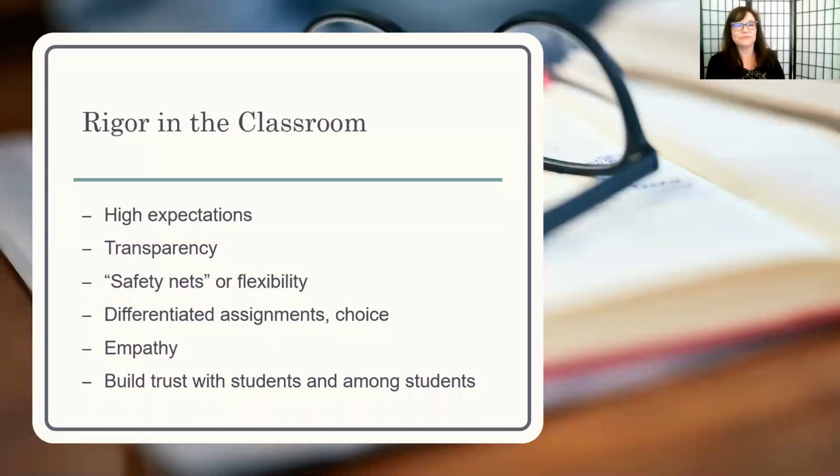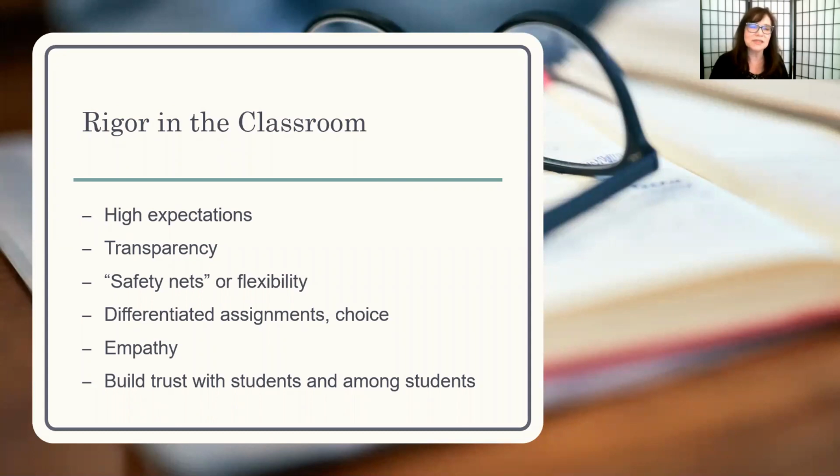So when we're thinking about rigor in the classroom, yes, we're thinking about high expectations, but we can also think about transparency and helping them understand why you've designed your course in the way that you have and how it helps get them to that desired outcome or that standard. But in the classroom, we can also design safety nets or be a little bit flexible.